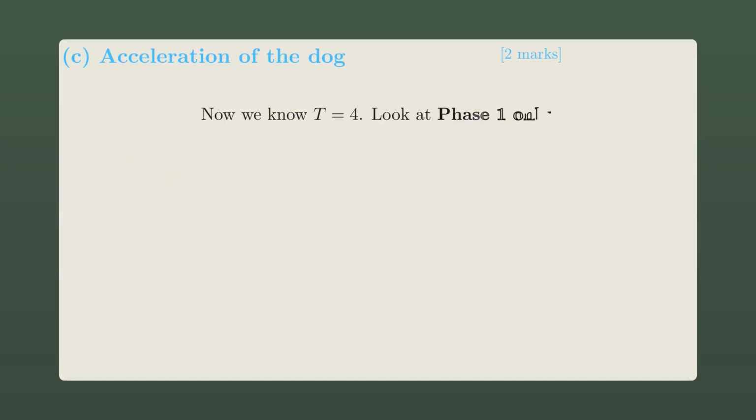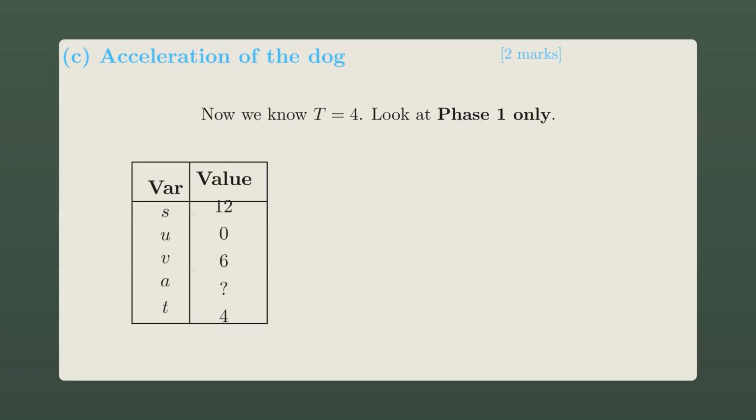Now obviously we know that the dog is only accelerating in phase 1. So if we list out our SUVAT variables, okay, we know that S is equal to 12 because we're simply going to plug in t is equal to 4. We know U is 0 because we start from rest. We know V is equal to 6. A we don't know, we know t is equal to 4. Okay, so here we've got a pick of the litter when it comes to equations.